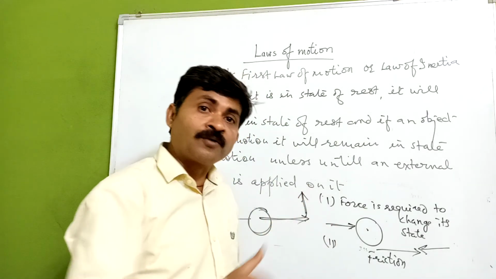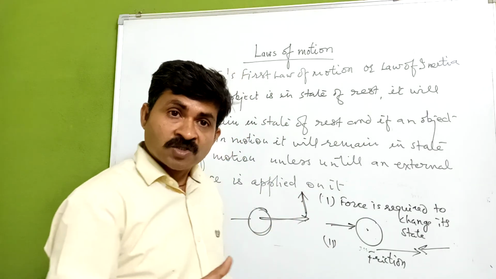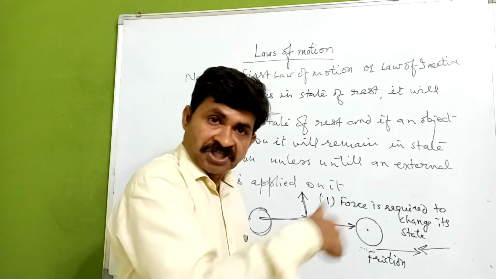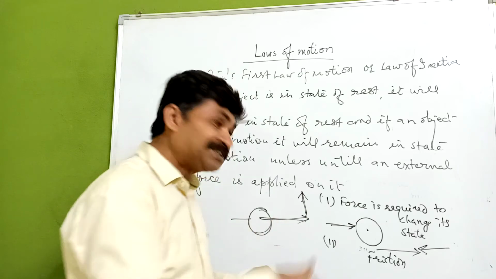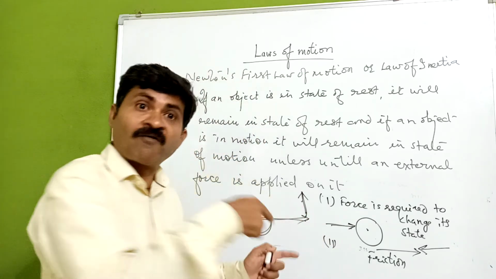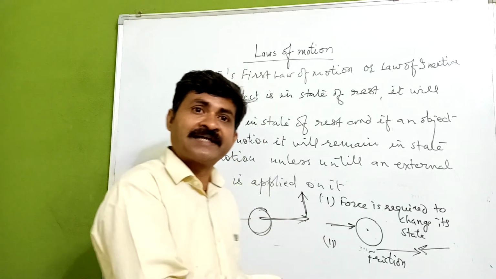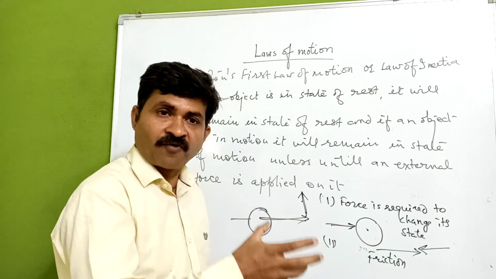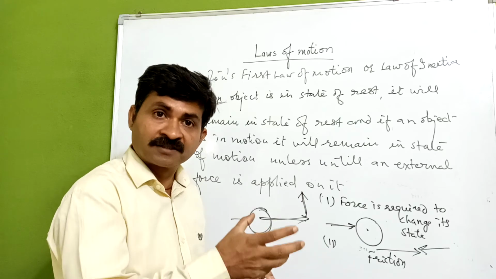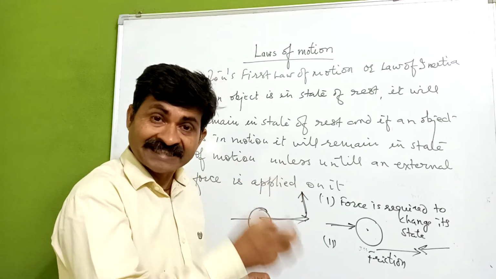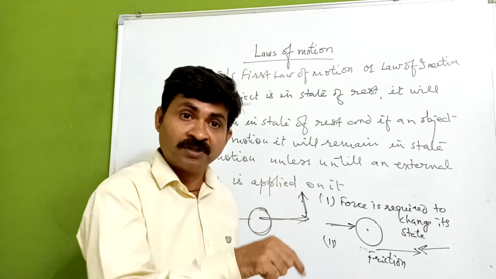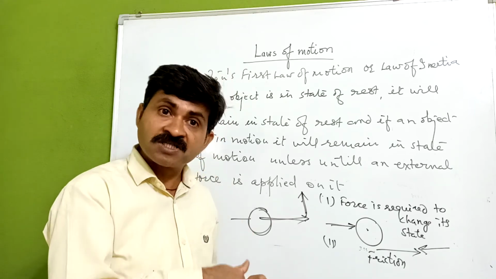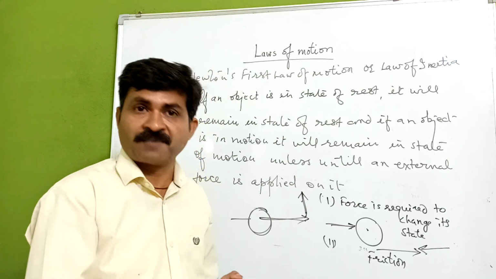The Moon is moving around the Earth, so it changes its direction, and when it changes its direction, it requires a force. How does it get that force? That force is the force of attraction of Earth on the Moon. Because of this gravitational attraction, the Moon changes its direction of motion.